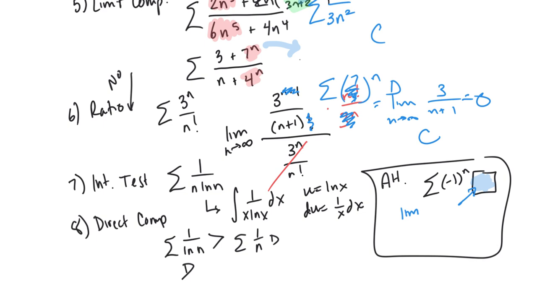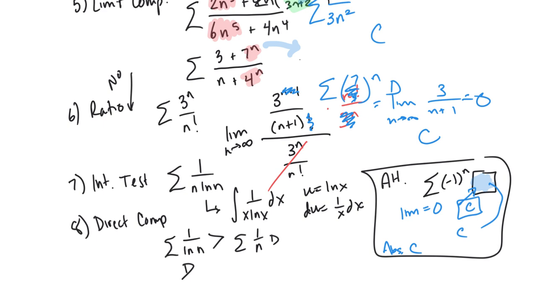And if the limit is equal to 0, you get convergence. That's all you need. And if that's true and this expression converges on its own, then that's called absolute convergence.